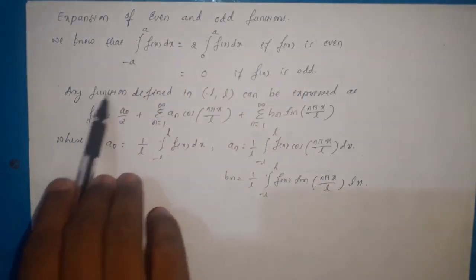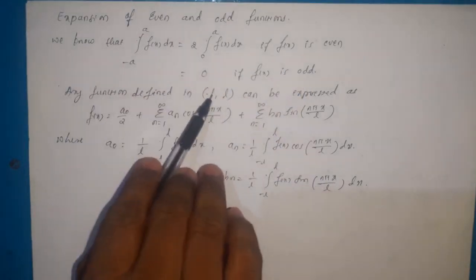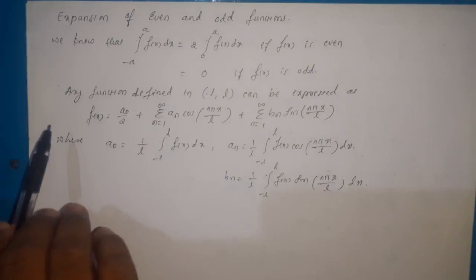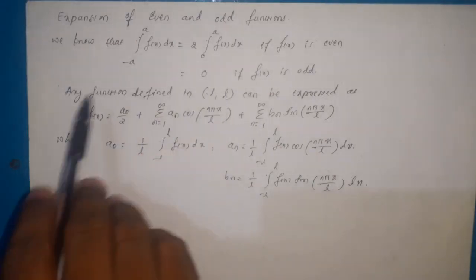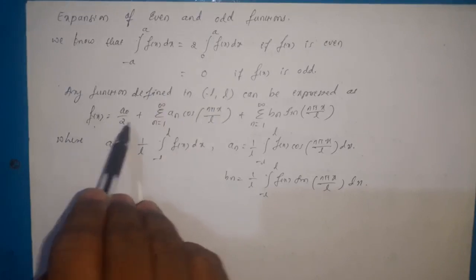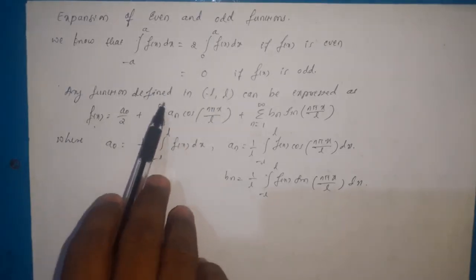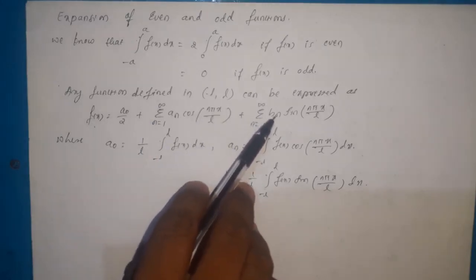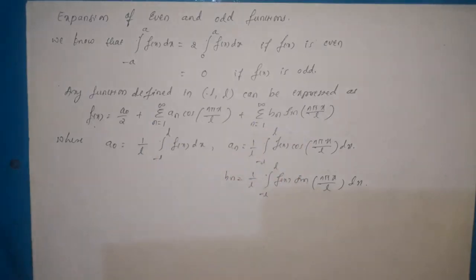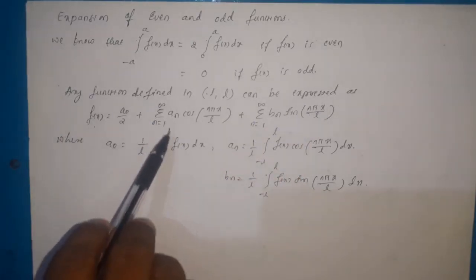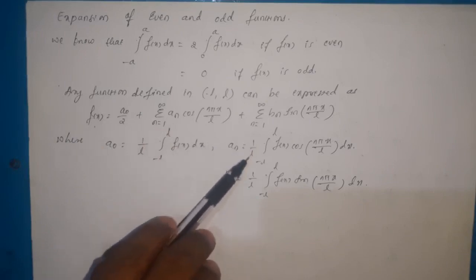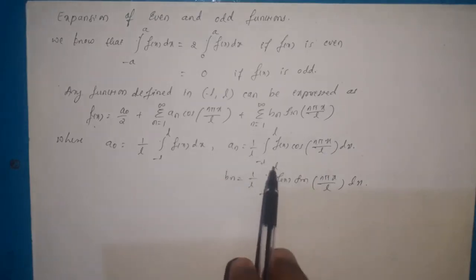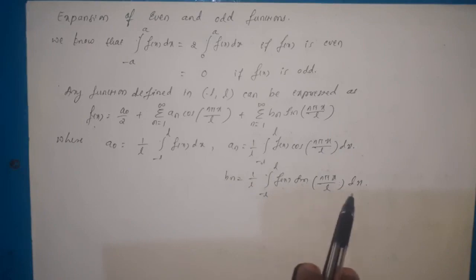And also we know that any function defined in the interval minus L to L can be expressed as, so already we know the formula for the Fourier series in the interval minus L to L. So f of x equal to a naught by 2 plus summation over n equal to 1 to infinity a n cos n pi x by L plus summation over n equal to 1 to infinity b n sin n pi x by L, where a naught equal to 1 by L integral from minus L to L of f of x dx, and a n equal to 1 by L integral from minus L to L of f of x cos n pi x by L dx, b n equal to 1 by L integral from minus L to L of f of x into sin n pi x by L dx.